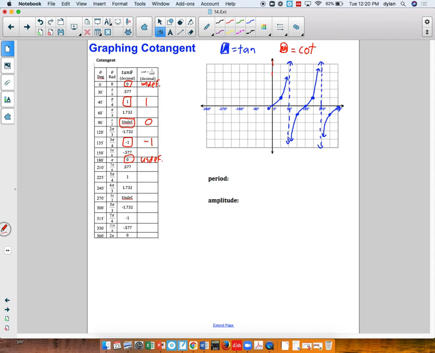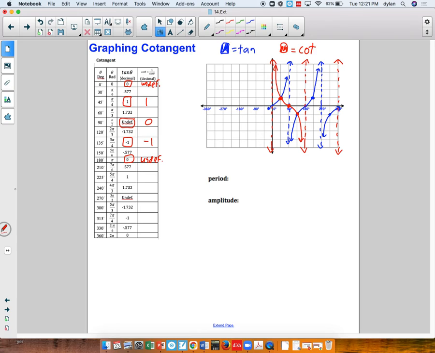So for cotangent, we will have our vertical asymptotes at 0 and 180 degrees, and then also at 360 degrees. And then we have a point at 1 and -1 and 0. And so our line comes in the opposite direction of tangent, which makes sense because it's the reciprocal again.